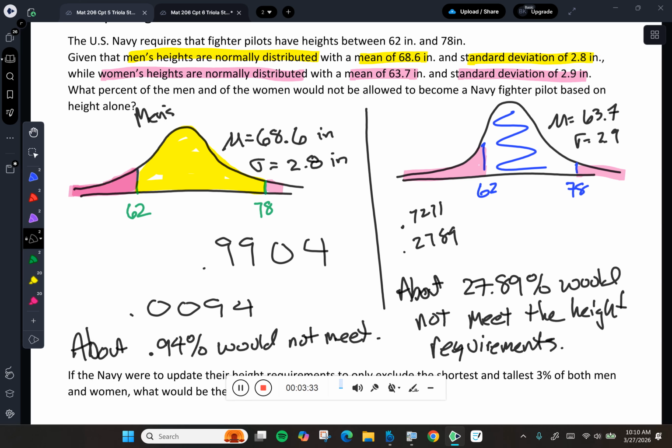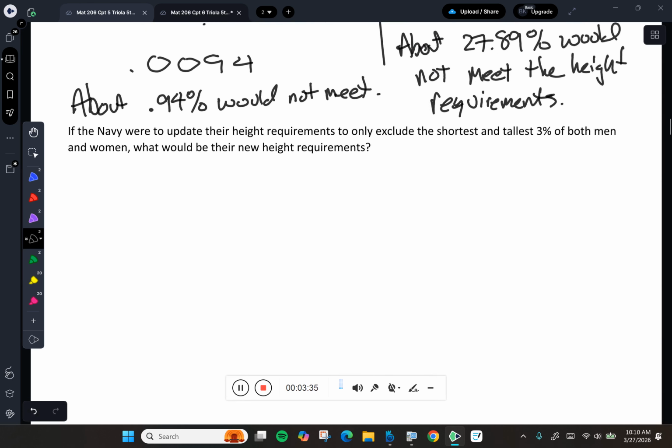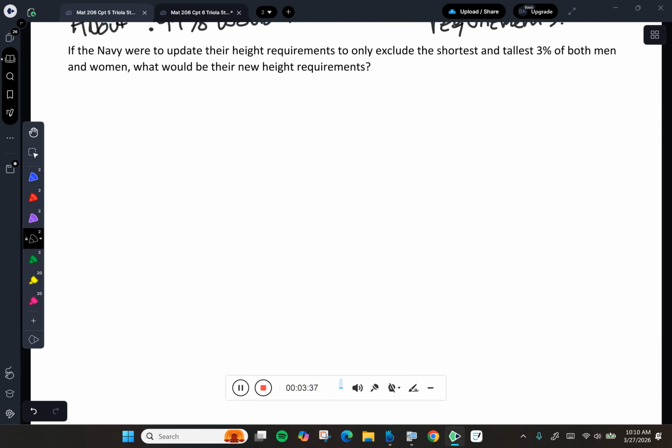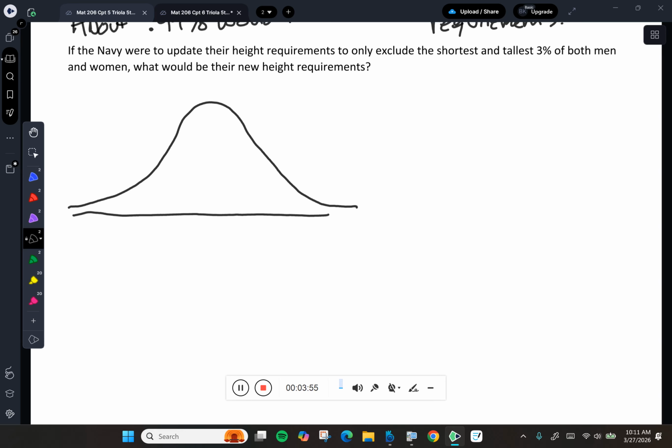So yeah, I think maybe they need to redesign the pilot seat or something to make it fit better if they want more women pilots. Okay. All right, so let's add on to this problem and say, hey, if the Navy were to update their height requirements to only include all but the shortest and tallest 3% of both men and women, what would be those new height requirements? So this is a different problem. This is actually a really challenging problem, because now what they're saying is, what if we wanted to set this up so we only excluded the shortest and tallest 3%?